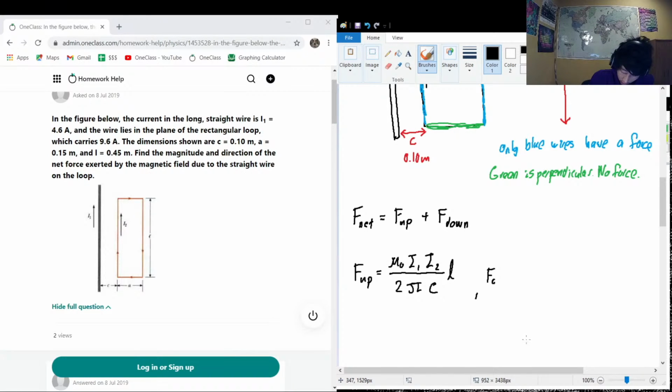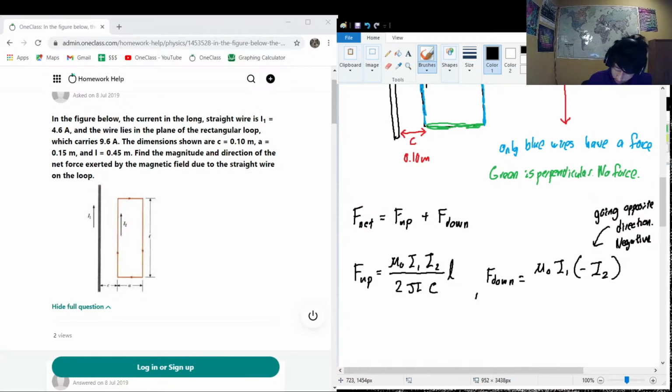So this will be F up. F down is going to have a similar equation. We start off with mu naught, I1 is the same, but we're going to use negative I2, because going down is the opposite direction, so we need these forces to have different signs for this to work out properly.